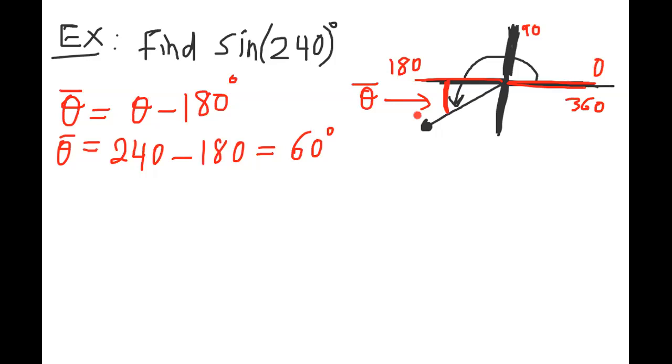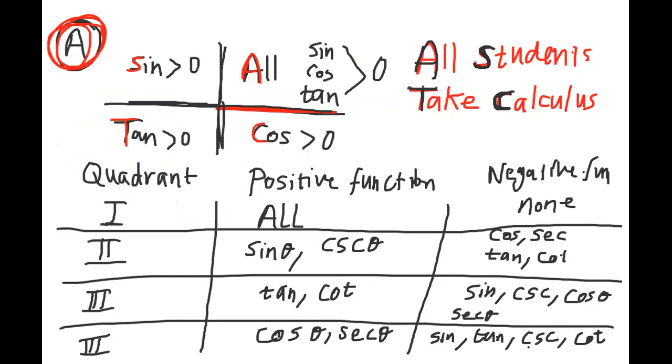Now, how to find the sine? The question is asking about the sine for 240. So the sine for the angle 240 is equal to, first thing, we have to know whether the sine in the third quadrant is positive or negative.